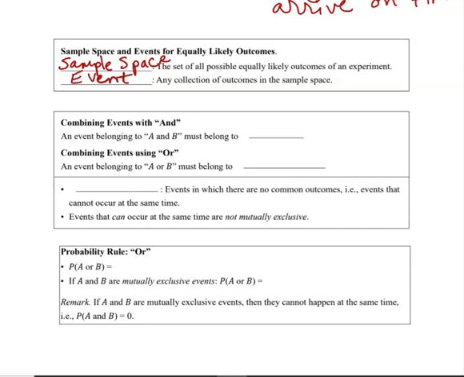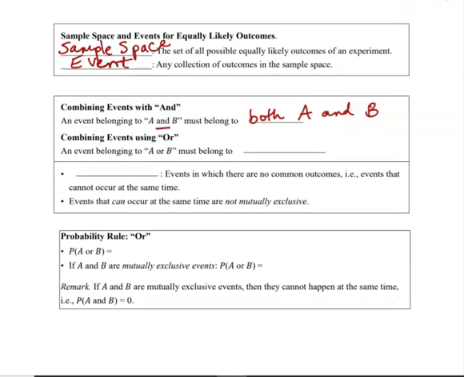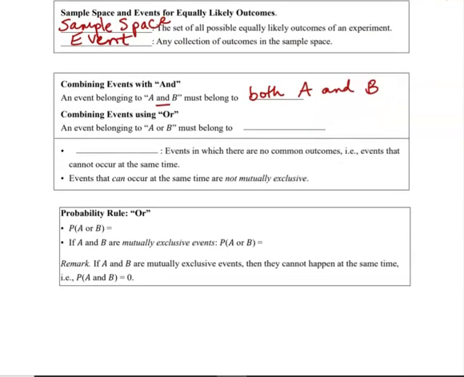Combining events with the word and. When you see the word and in a problem, that means that the event belongs to A and B, meaning it must belong to both A and B. If you think of it as a Venn diagram, let me come down here and draw a Venn diagram. If this is event A and this is event B, the and scenario means that the event you're interested in is in both categories, A and B. On the other hand, if you see the word or, that's a little different.